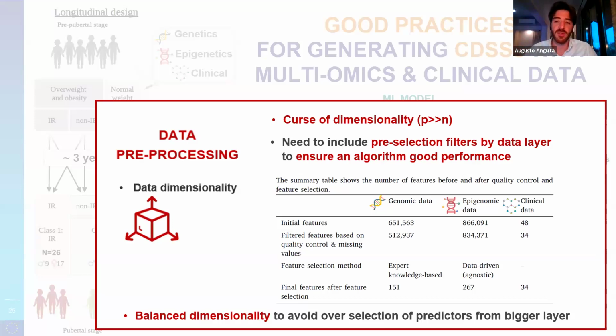For genomic information, since we counted on a good and rich literature connecting different genetic variants with insulin resistance and diabetes, we could make this filtering based on expert knowledge.